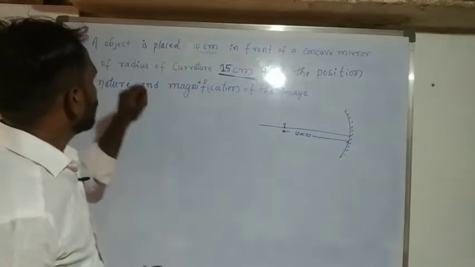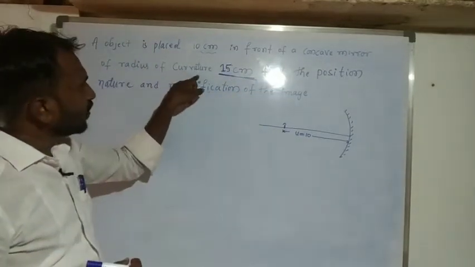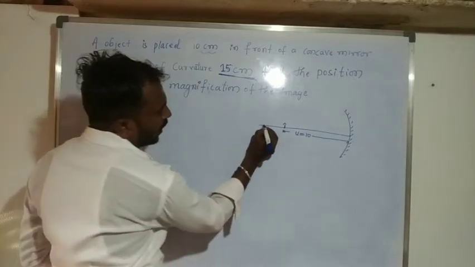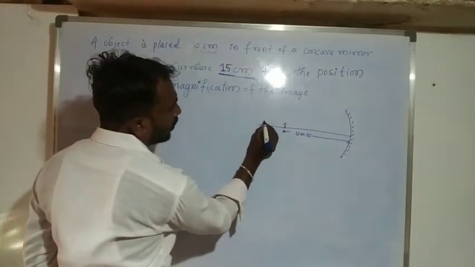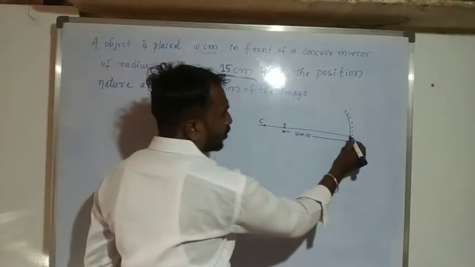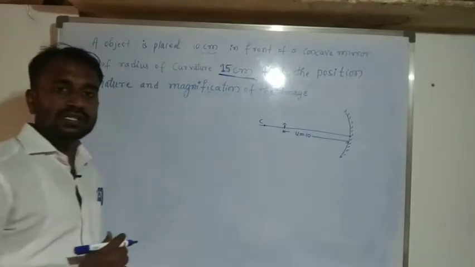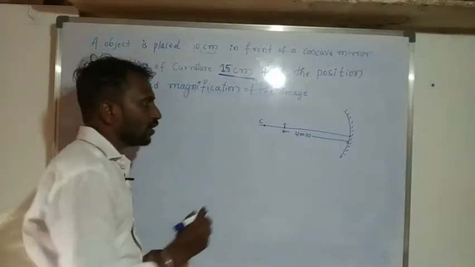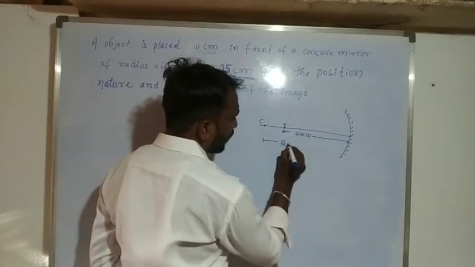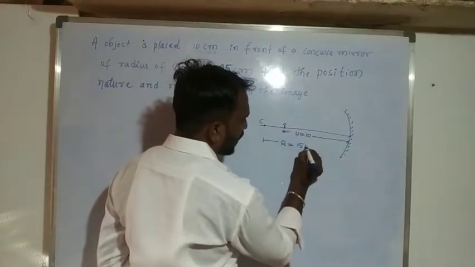Next, this concave mirror's radius of curvature is 15 centimeter. Here, from the center of curvature to the pole of the mirror, that distance we consider the radius of curvature. So the radius of curvature r is equal to 15 centimeter.